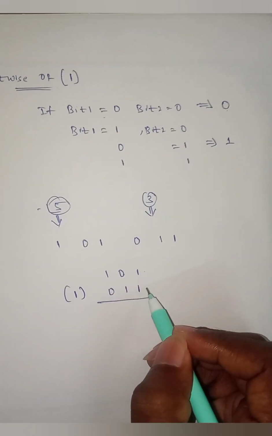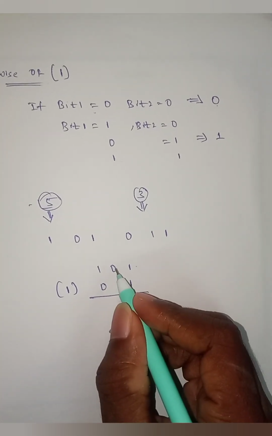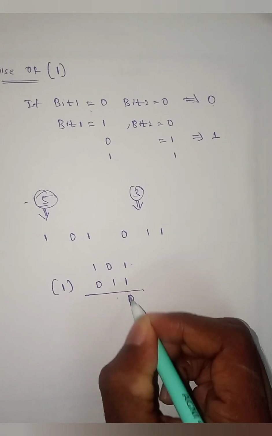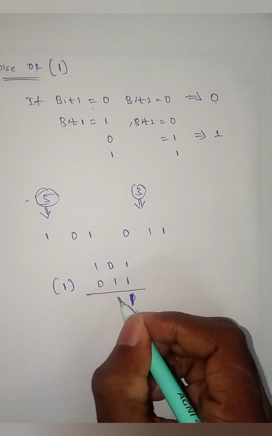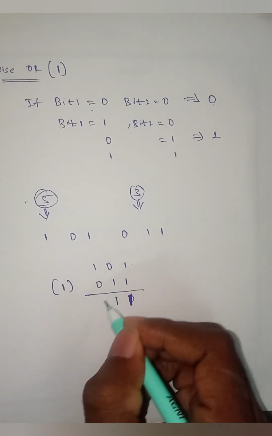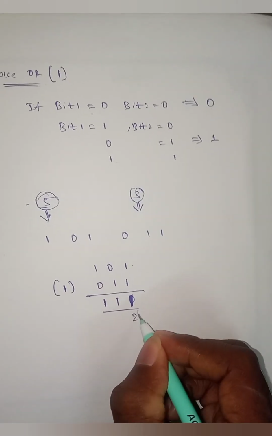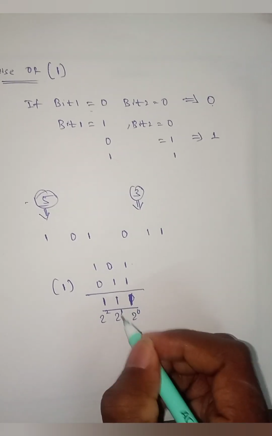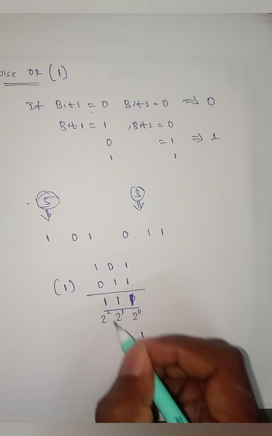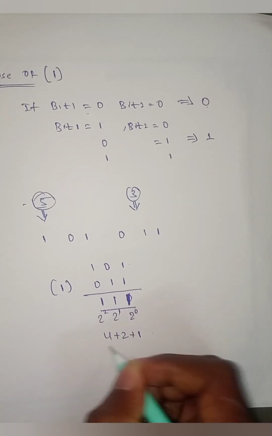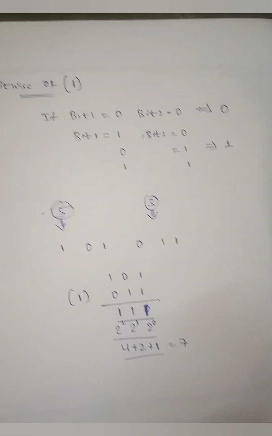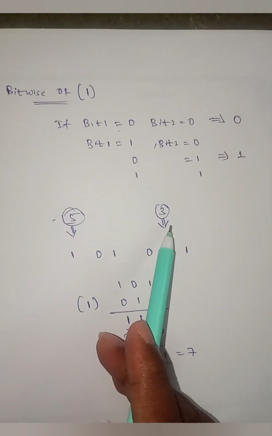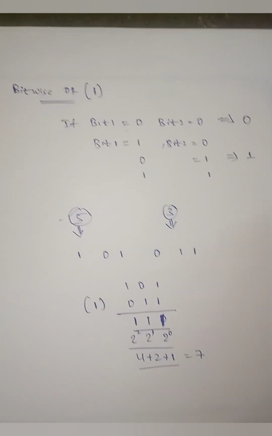So here we have 1 1, so the output would be 1, and here we have 0 1, the output is 1, and here we have 1 0, the output would be 1. So here 2 power 0, 2 power 1, 2 power 2. So 1 into 2 power 0 is 1, 1 into 2 power 1 is 2, 1 into 2 power 2 is 4, and we add them. It gives us 7. So this is the value for the integers 5 and 3. This is how we perform the bitwise OR operation.